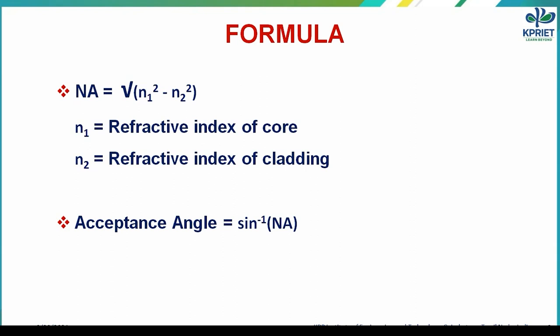For numerical aperture, the formula is the square root of n1 square minus n2 square, where n1 is the refractive index of core medium and n2 is the refractive index of cladding. And for acceptance angle, it is the sine inverse of numerical aperture. These are the two formulas used to find the numerical aperture and acceptance angle.